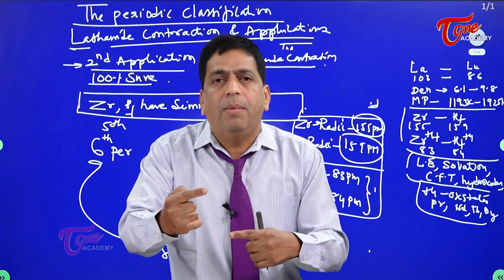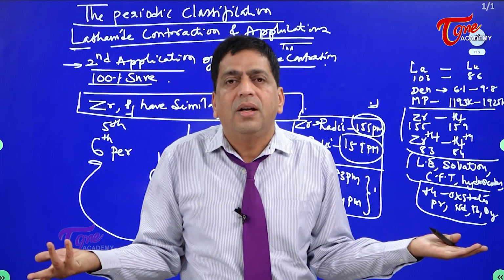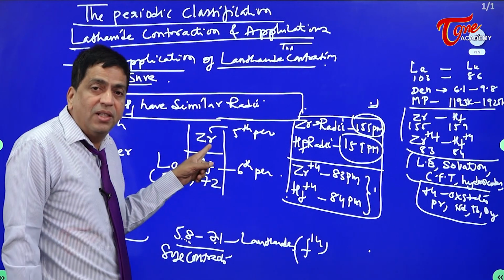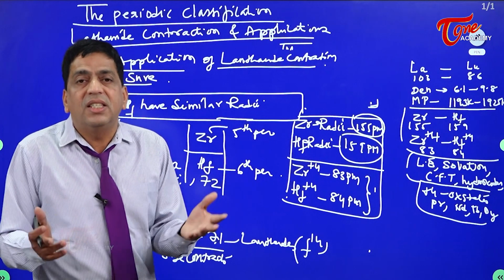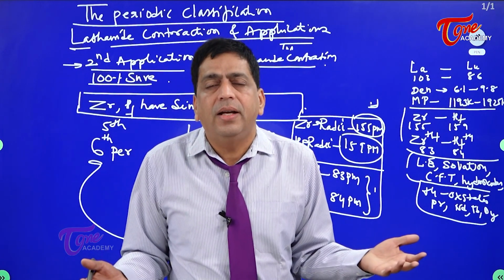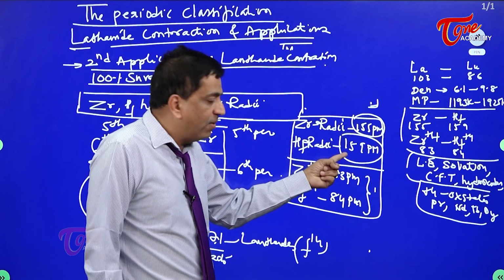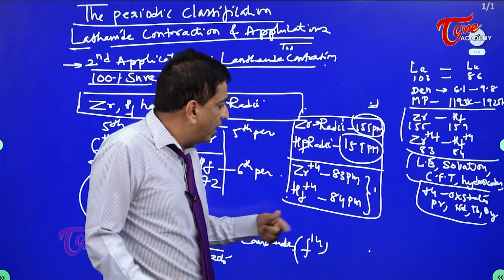And when you climb up, between lanthanum and hafnium, you don't have a significant change in what? The radii. So then what is happening? The corresponding element in the fifth period and the corresponding element in the sixth period are both having similar radii. So you can see the values 155 and 159, nothing to pick between them. And the ionic radii of these two is also 83 and 84.